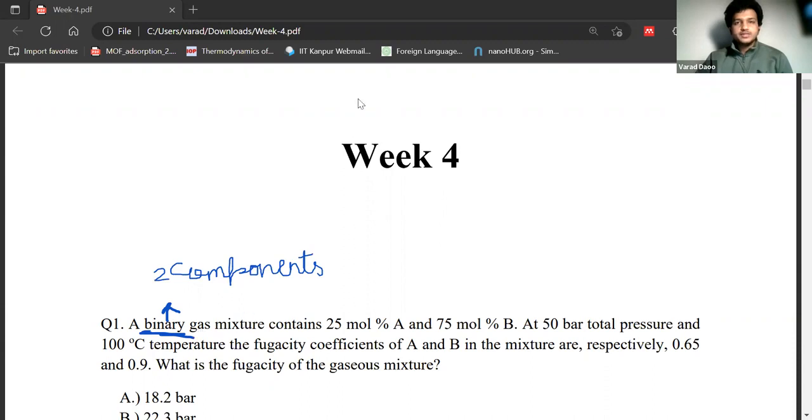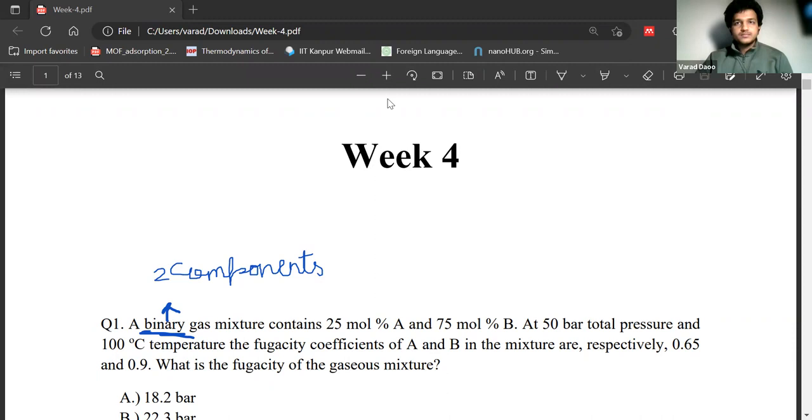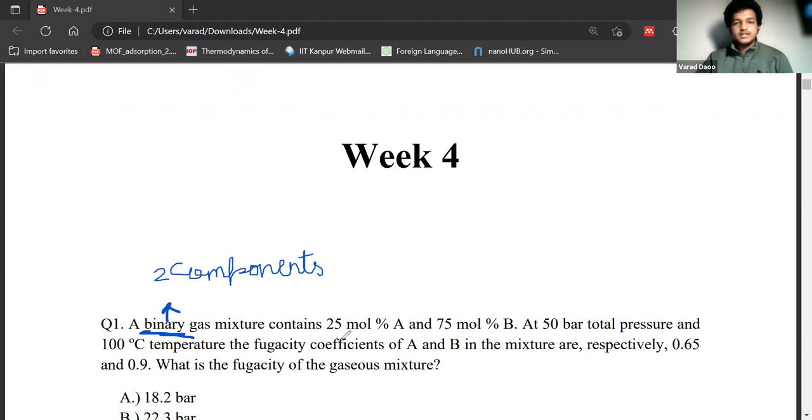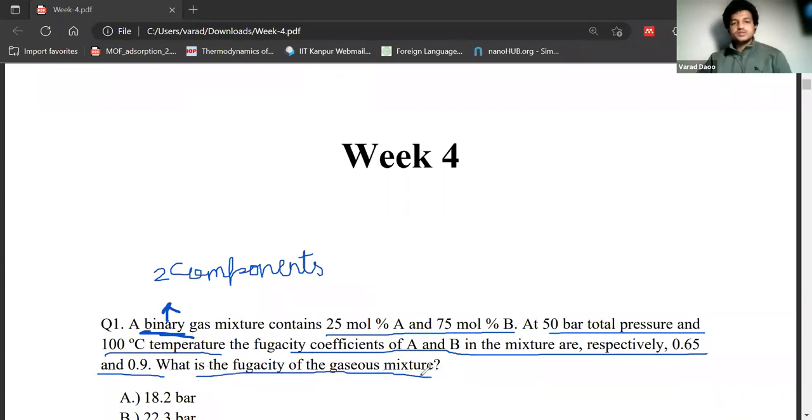A binary gas mixture containing 25 mole% A and 75 mole% B at 50 bar total pressure and 100 degrees Celsius temperature. The fugacity coefficients of A and B in the mixture are respectively 0.65 and 0.9. What is the fugacity of the gases?